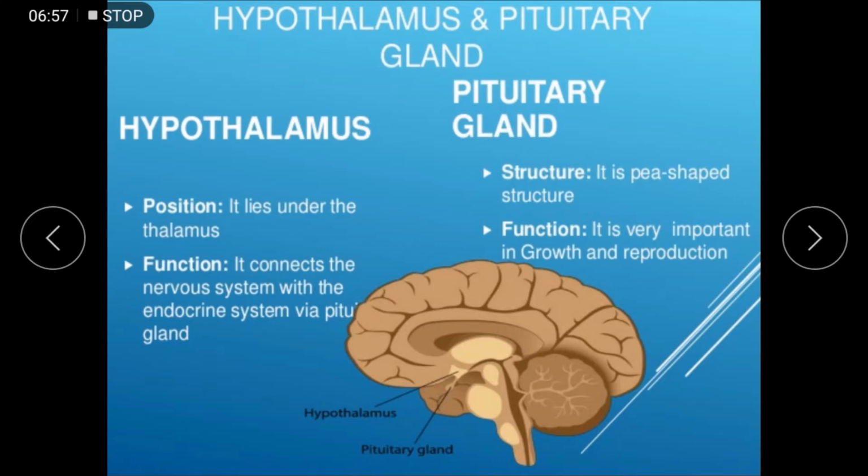So the hypothalamus is under the thalamus. Later we will see where the thalamus is. Hypo actually means down, below the thalamus. So what is the function? It connects the nervous system and the endocrine system.